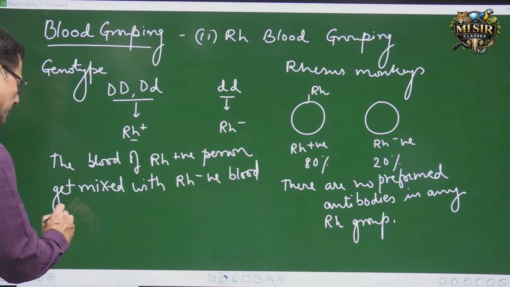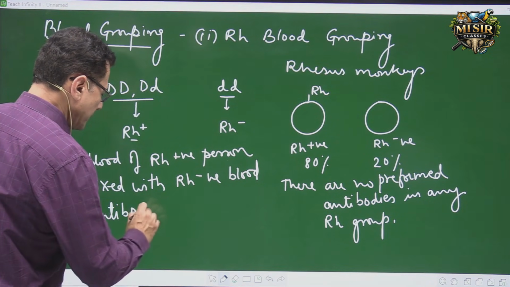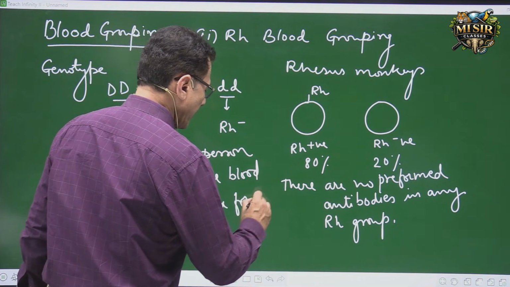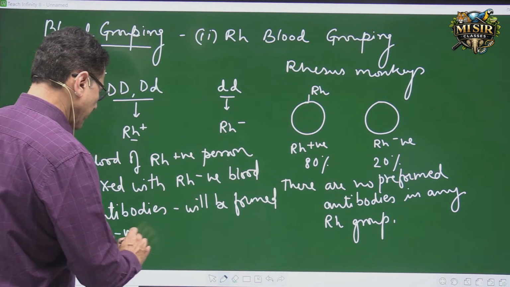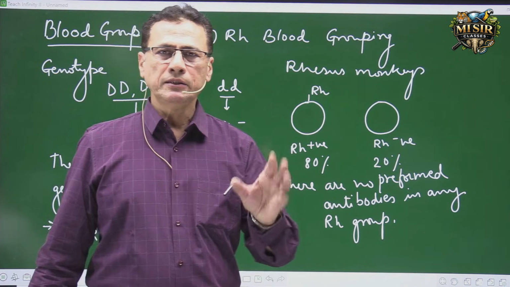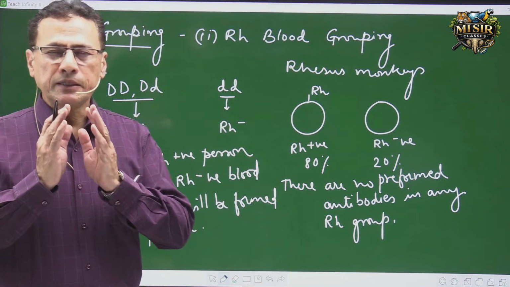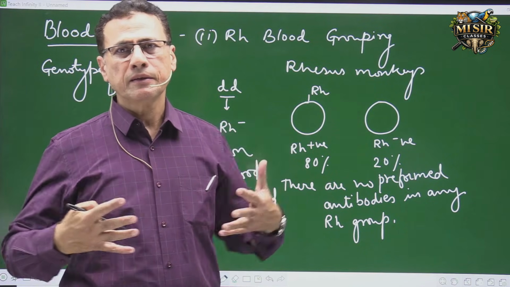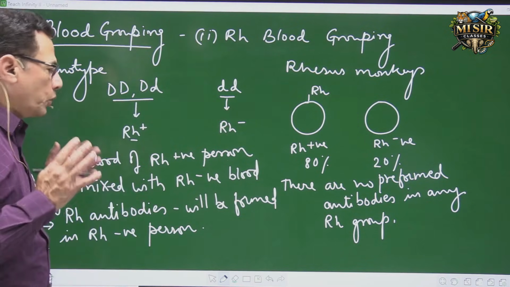Now the RH antibodies will be formed in the RH negative person. This is a life-threatening situation. It is a fatal condition where there will be a mass destruction as a result of antigen-antibody reaction. There will be mass destruction of the RBCs of the host.